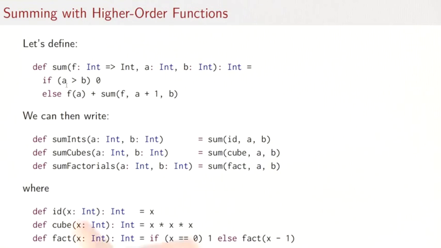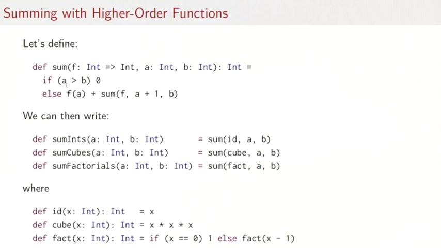Once we have that, we can then write our functions sumInts, sumCubes, sumFactorials as follows. sumInts would be simply sum of id, a, b, where the id function simply returns its parameter unchanged. sumCubes would be sum of cube, a, b, where the cube function is as we've seen before.